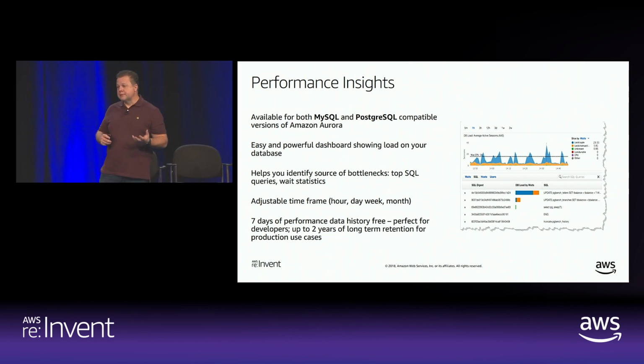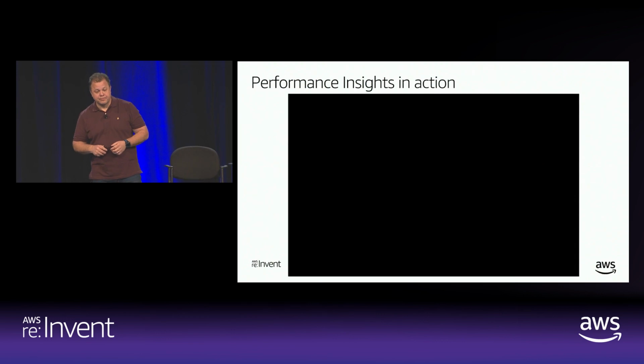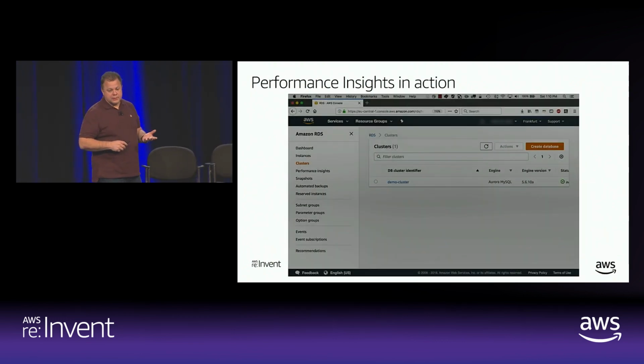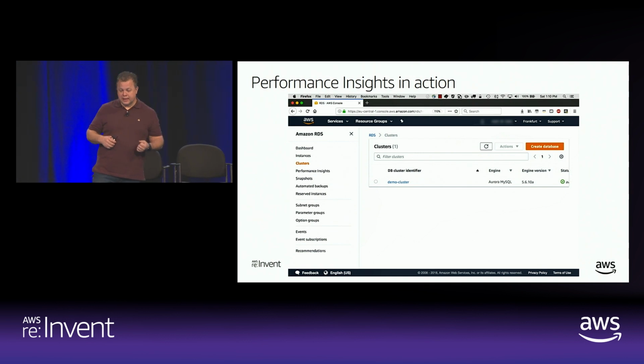But if you are interested in keeping that data around for a longer period of time, you can pay a nominal fee to keep it around for up to 2 years. There's also API access into Performance Insights so that it will integrate with other third-party tools if that's something you're interested in. So I'd like to give a little demo here of what Performance Insights looks like in action.